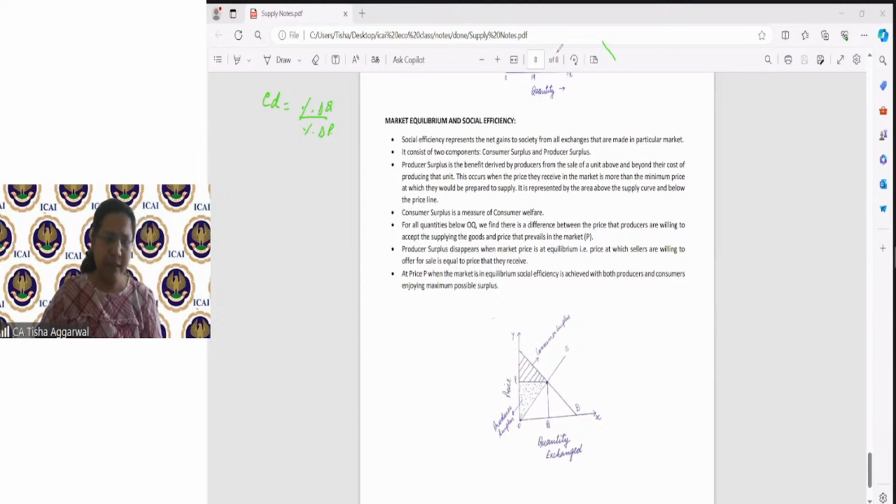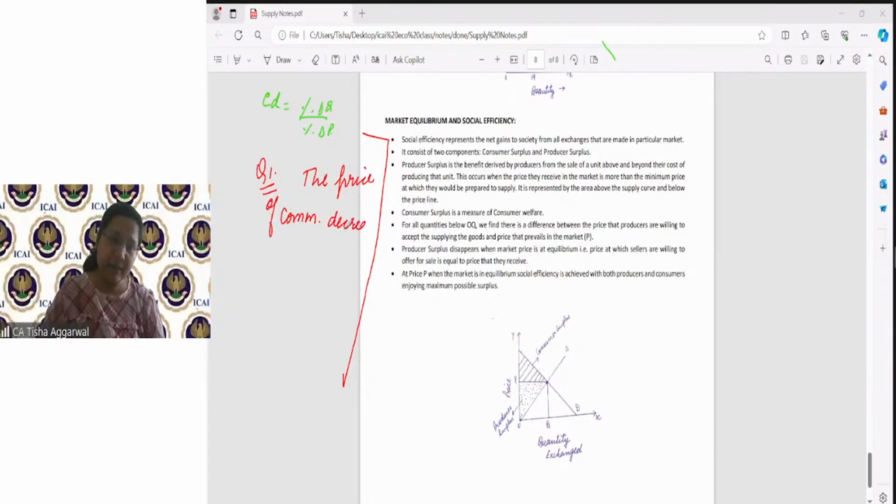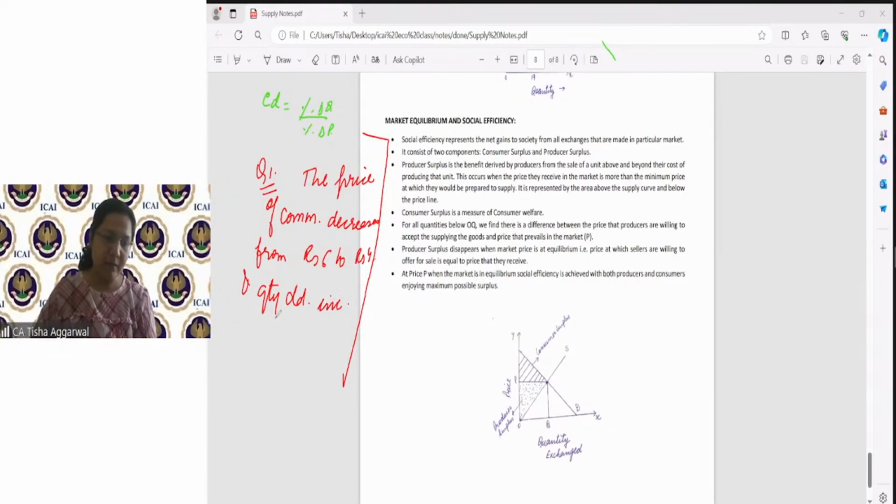Let's take a very small and simple question. The price of a commodity decreases from rupees 6 to 4 and quantity demanded increases from 10 units to 15 units.